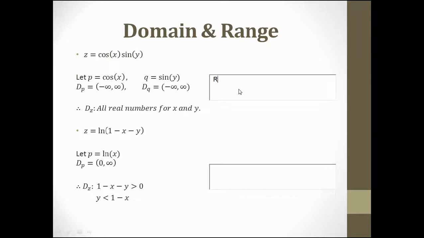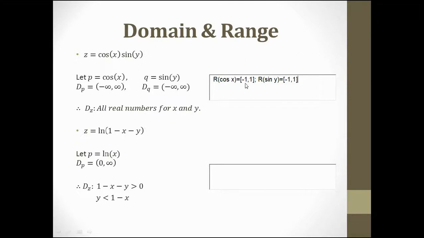So the range of cosine of x is just from -1 to 1, right? And the range of sine of y is just, again, the same thing, -1 to 1.